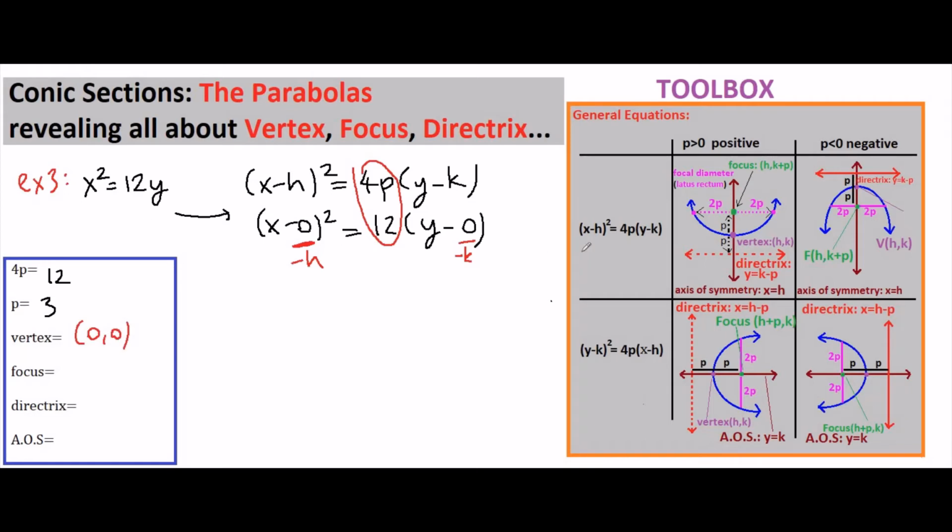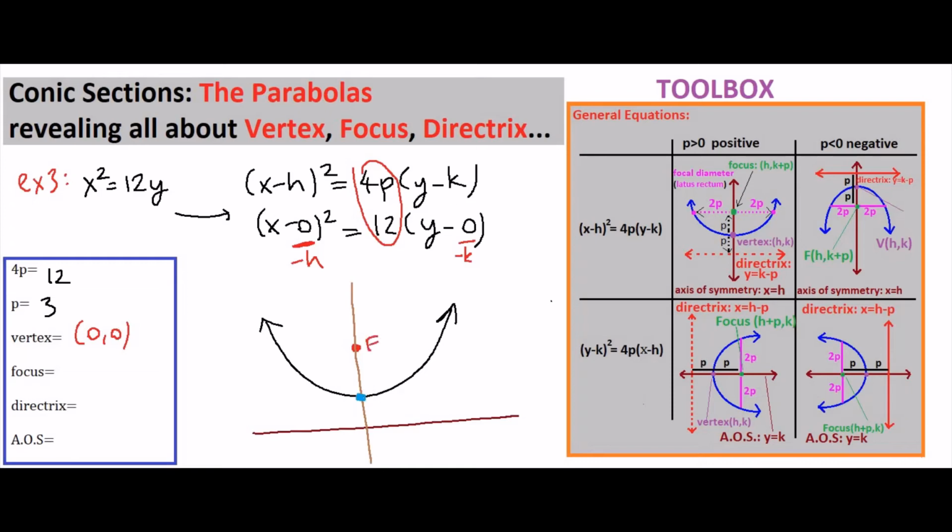This is the x squared term. So our parabola is either opening upwards or downwards. Our p-value is positive, so it's going upwards. We know that our focus is always inside, and our directrix is always behind the parabola. Our axis of symmetry is passing through focus and vertex, cutting the parabola evenly.